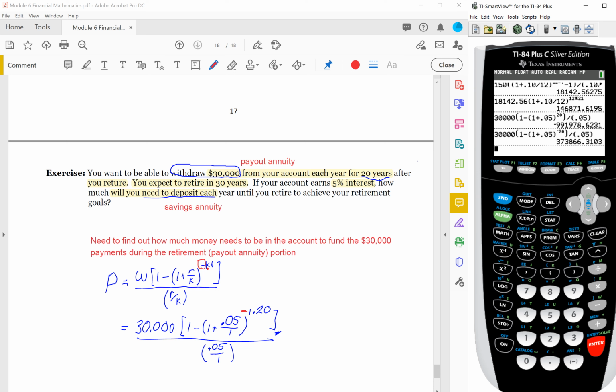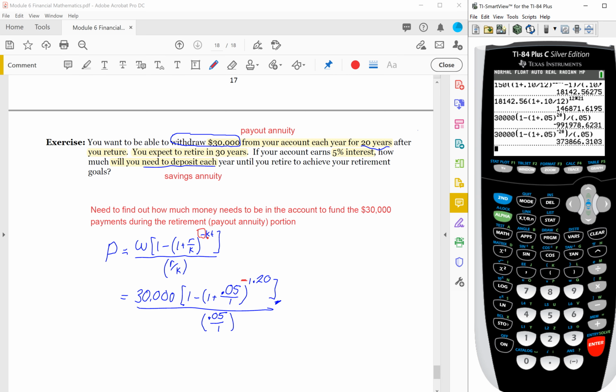Okay, so this tells me that if I want to make $30,000 withdrawals every year for 20 years, to fund this type of annuity, we need to have starting in our account $373,866, and round to the nearest penny, 31 cents.